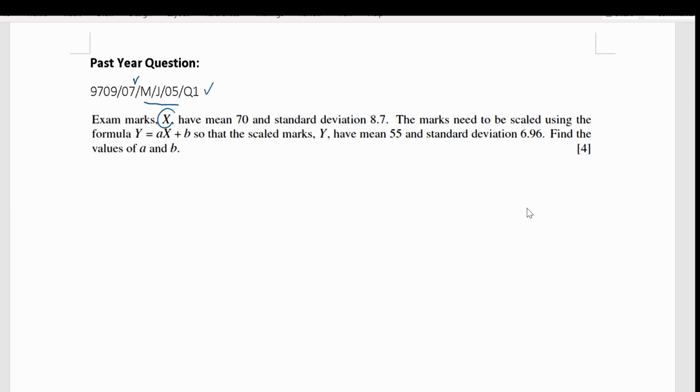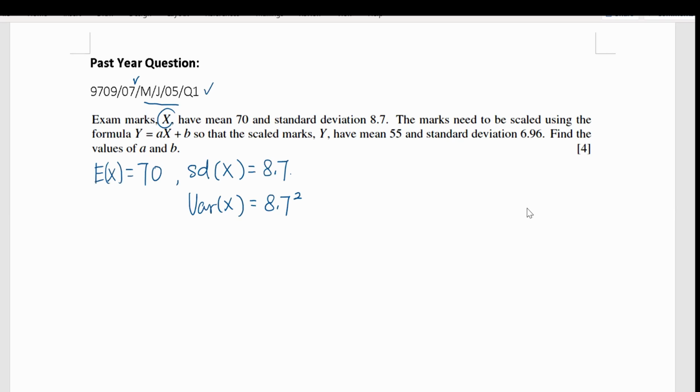Which means E of X equals 70, and the standard deviation of X equals 8.7. So we have to use the variance. To get the variance of X, I need to square 8.7. These are the informations given so far.